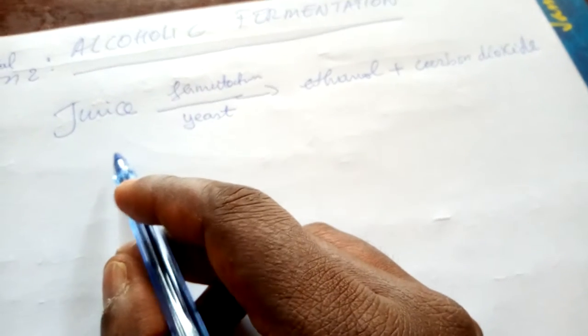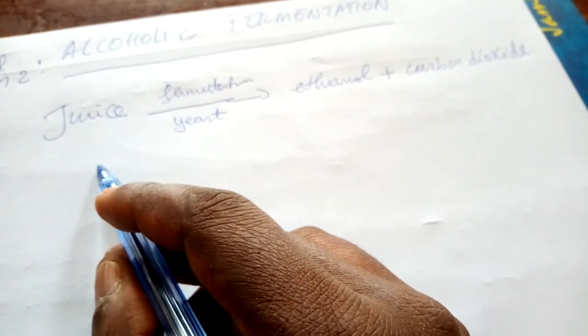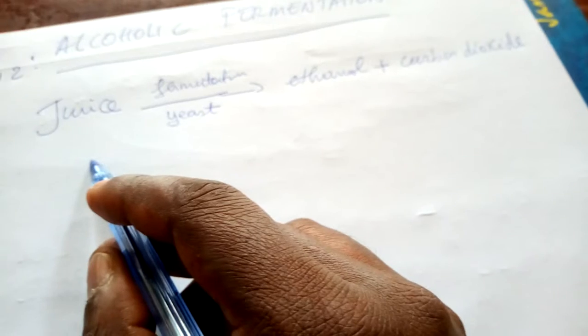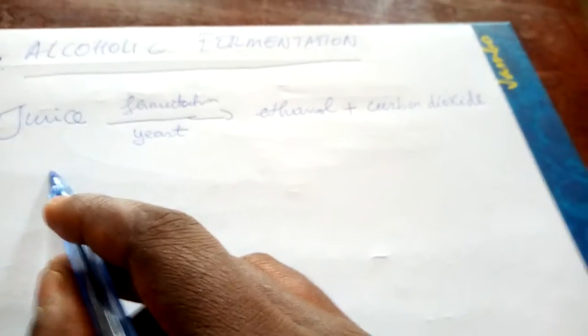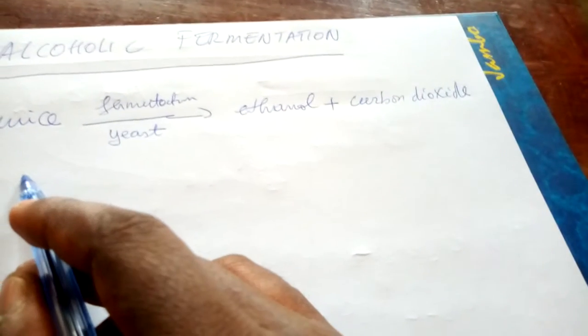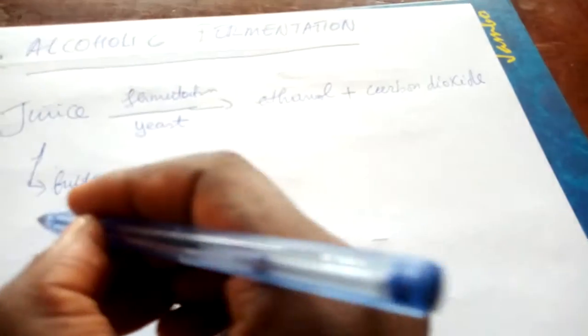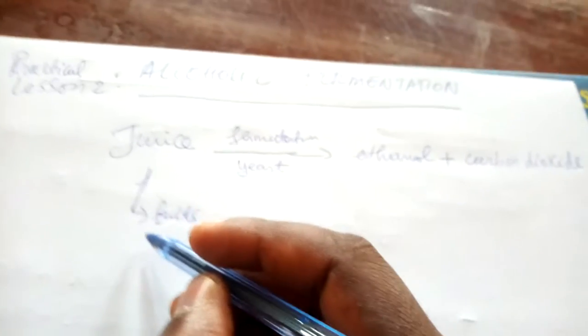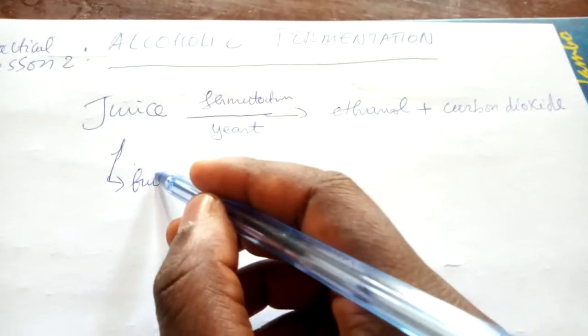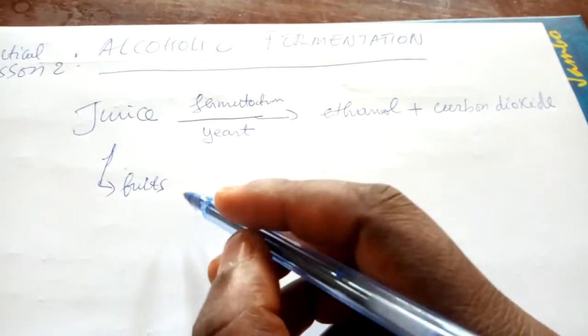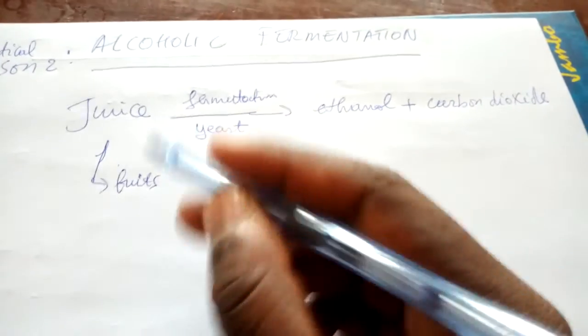Sometimes people are consuming juice and saying that it is alcohol or it is not alcohol. Here we want to see if we use juice from fruits, or even cereals can be used, and the condition which is used is to have glucose.